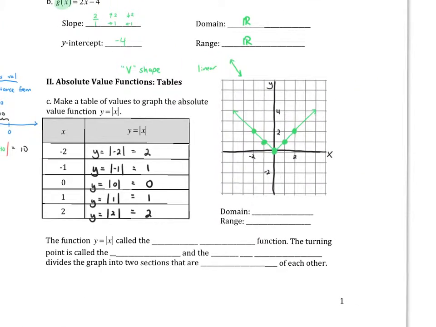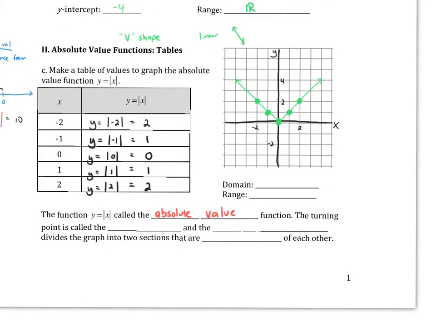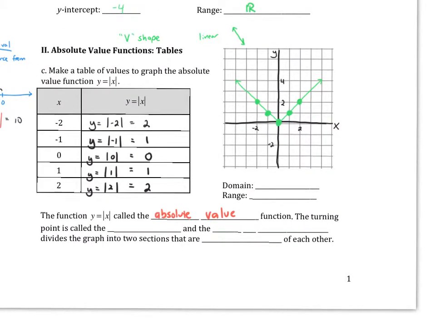So let's walk through some definitions about this function here. This function, y equals absolute value of x, is called, shockingly enough, the absolute value function. I know, we mathematicians like to confuse you by calling things what they are called. There is a turning point.